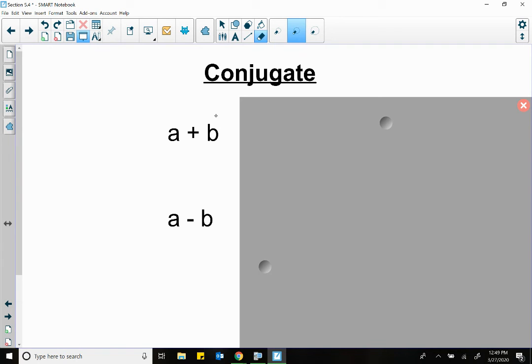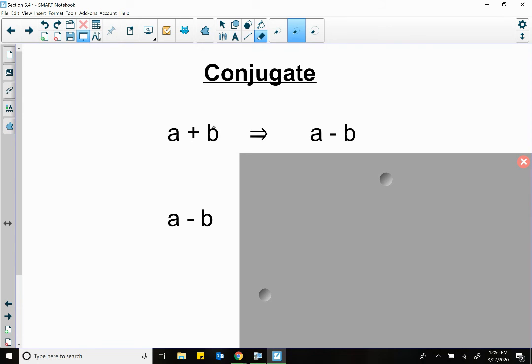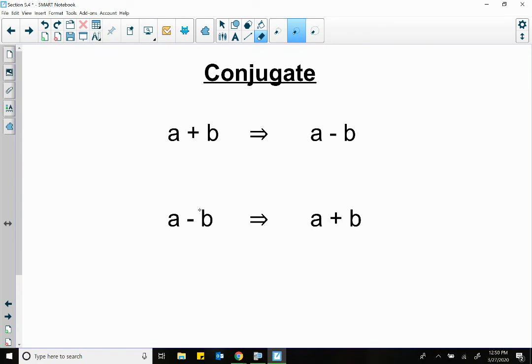In order to get rid of this 7 plus the square root of 3, pretending that this is, I would use the conjugate. And the conjugate is just turn the addition sign into a subtraction. That's all a conjugate is. Take the statement that's in the denominator, change the addition to subtraction. If it was subtraction, you would change the subtraction to addition. That's a conjugate. And that's what we have to use on this problem.